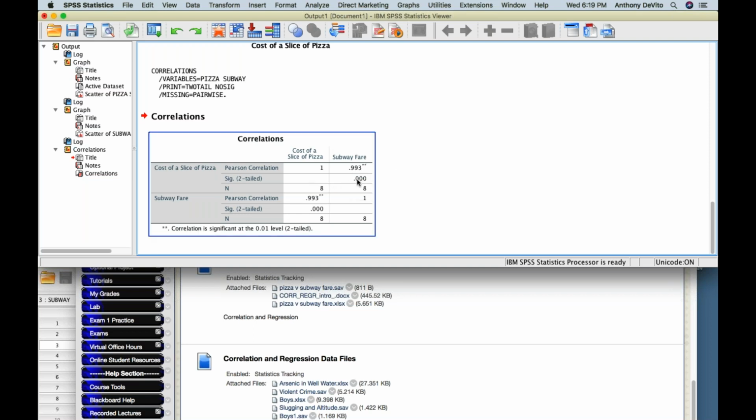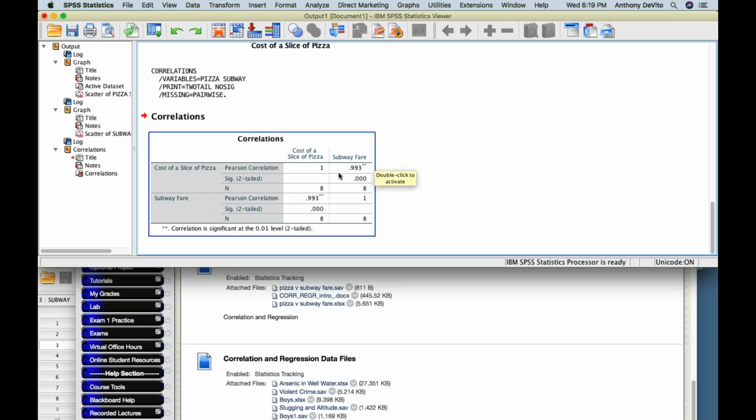Well, I go down to my significance, the probability I'll be wrong if I reject my null hypothesis, and that is less than 0.05. So not only is this a very strong association and a positive one, a positive number means that they're positively associated. As one goes up, the other goes up, and the significance is below 0.05.